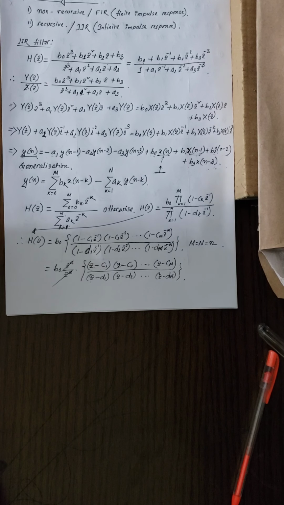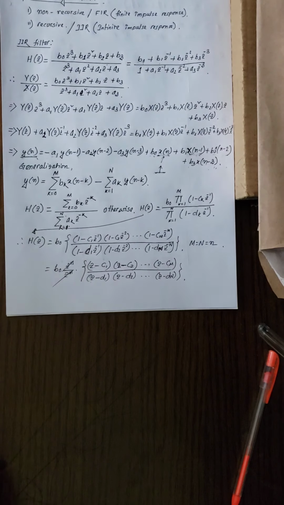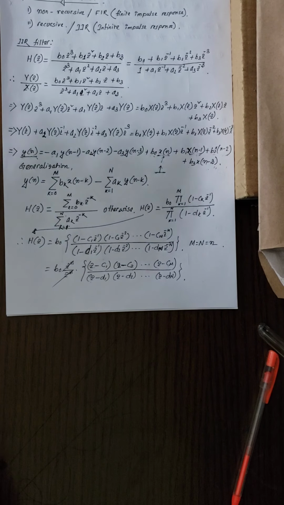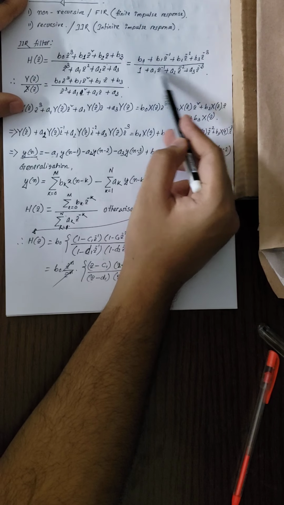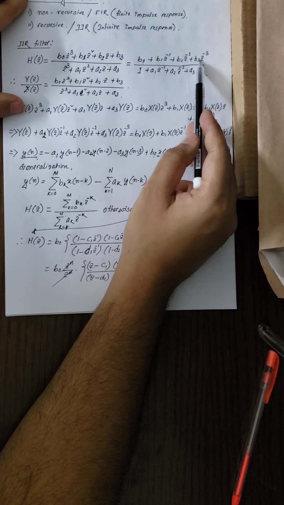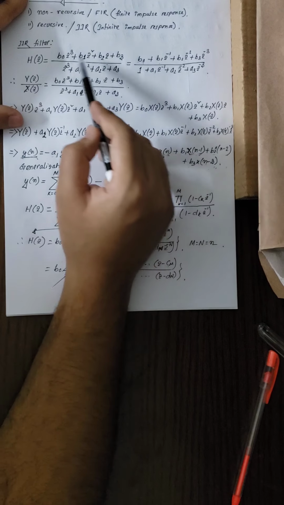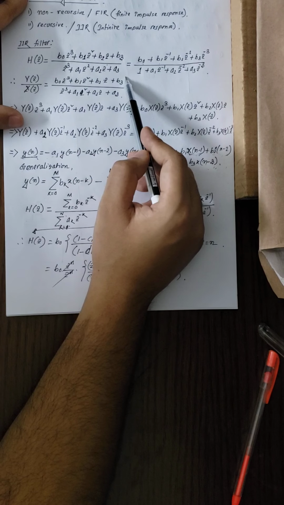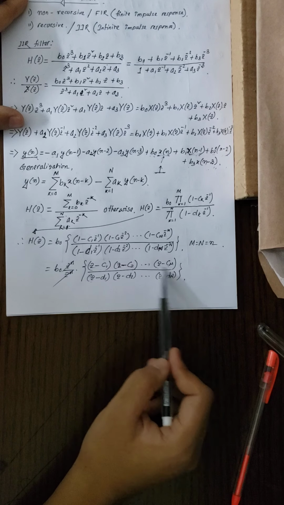The second revelation is that IIR filters can have poles and zeros at any arbitrary location. Here it is seen from this polynomial and this polynomial, if we factorize them, we get some form like this.